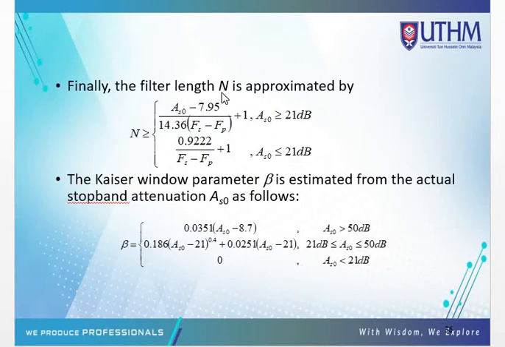The filter length can be estimated using this formula for A_S more than 21 dB, and this one for less than 21 dB. The Kaiser window parameter beta can also be estimated from the actual stopband attenuation as this one for A_S more than 50 dB, this one for between 21 and 50, and for less than 21 dB we get 0.